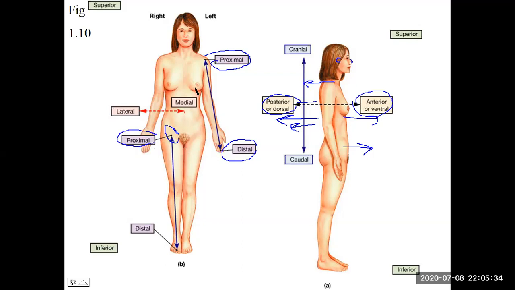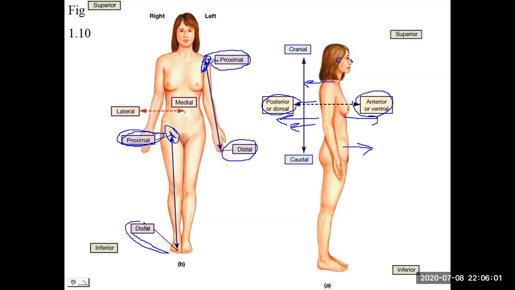And our appendages both originate, they develop at the point where they connect to the torso. So towards the origin, or truly in the case of our appendages, closer to the attachment of the torso. That's the proximal side.